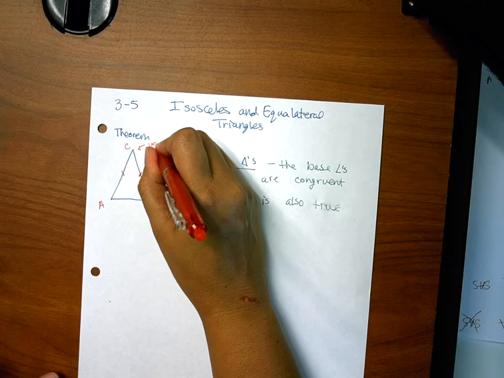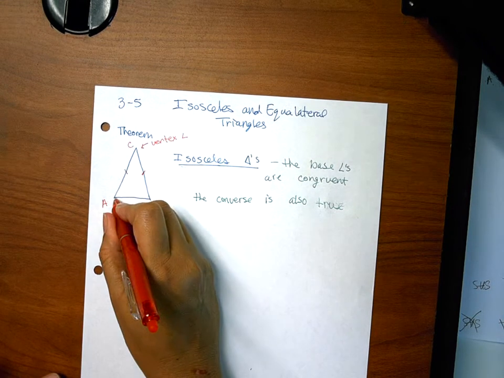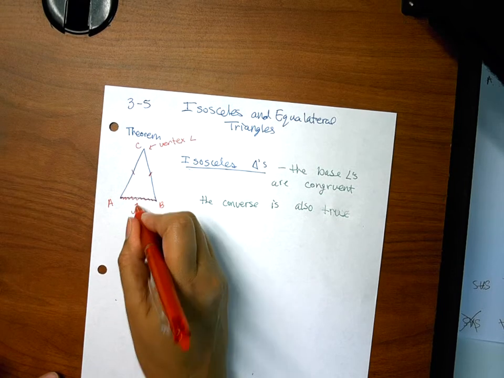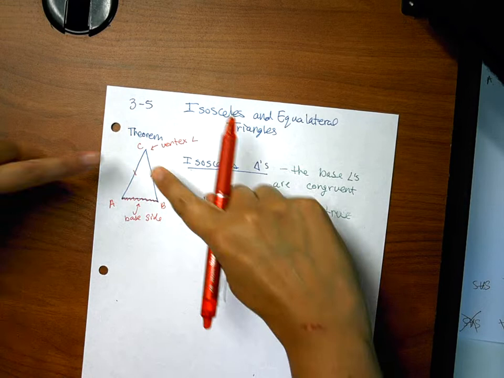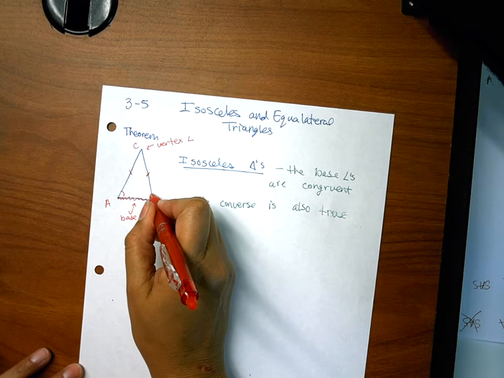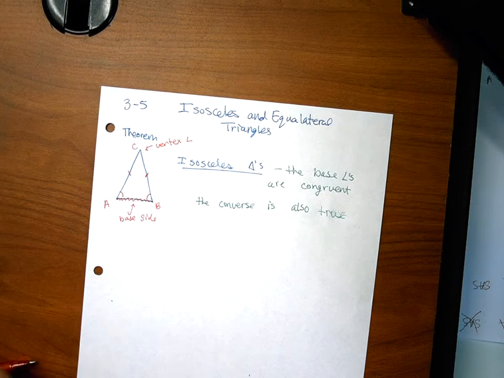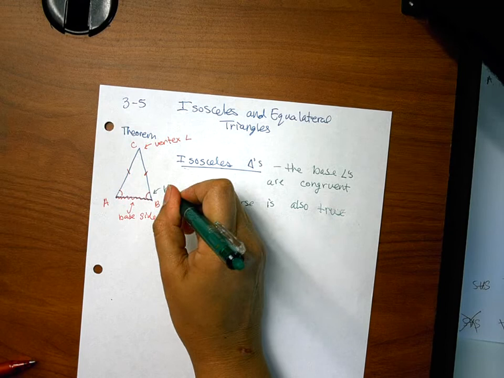This pointy tip up here is called the vertex angle. This here is called the base side. These are the legs. And these angles here are the ones that are congruent, and those are called the base angles.